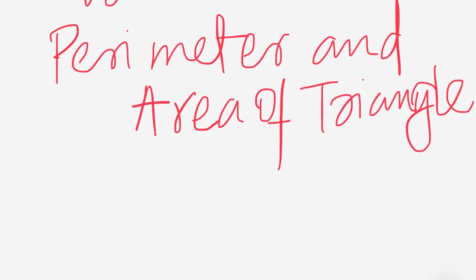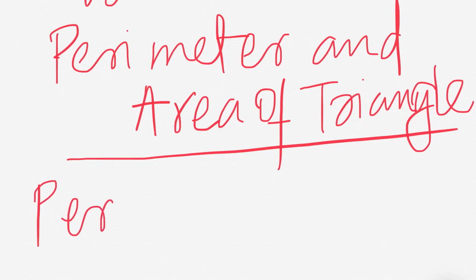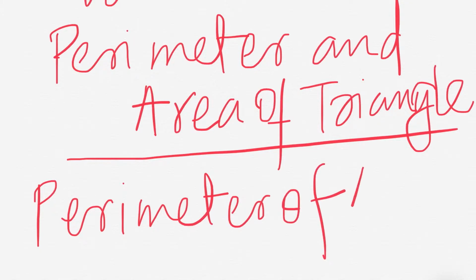The couple of formulas which we will be working on in this video are: perimeter of triangle, which is equal to the sum of the three sides.